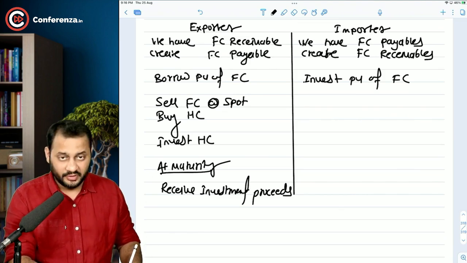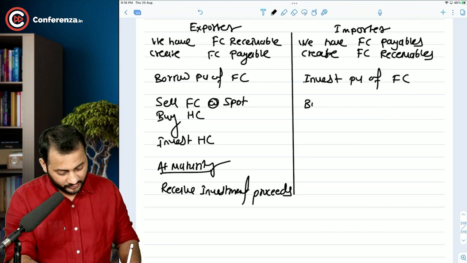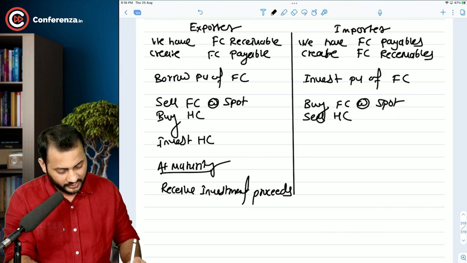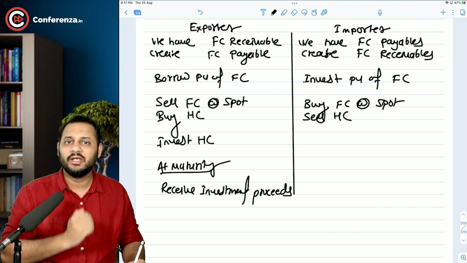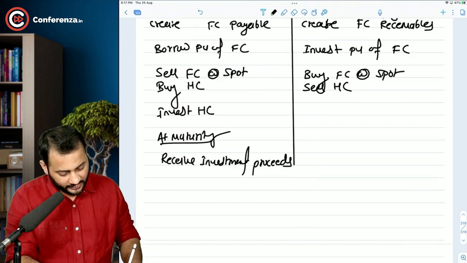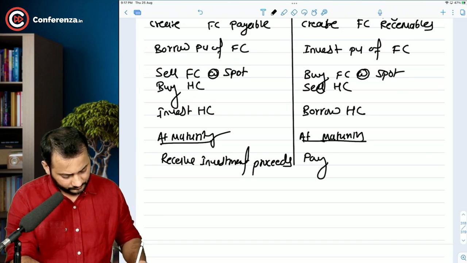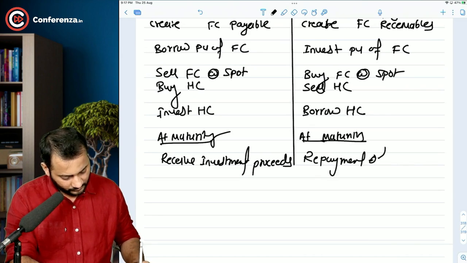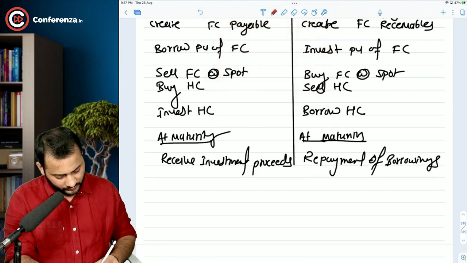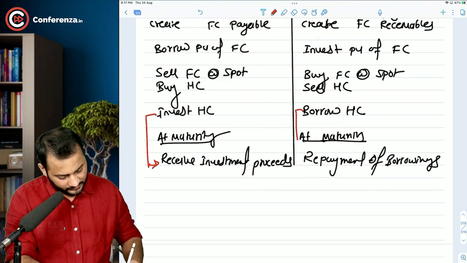Now, in order to invest, you will have to first buy that foreign currency. Buy foreign currency at spot. And for that, you will have to sell home currency. Once you sell the home currency, you will be able to buy the foreign currency, right? In order to sell the home currency, you will have to borrow home currency. And at maturity, what will happen? Pay repayment of borrowings. That's the only outflow. This will be settled here and this will be settled here.